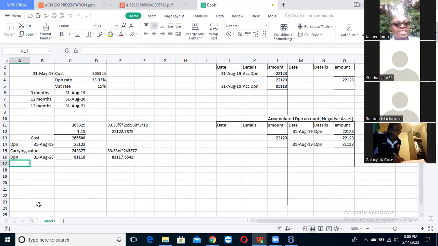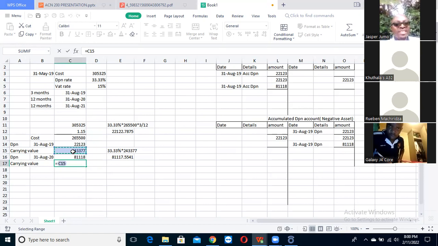So for the following period, our carrying value is going to be the carrying value of the previous period, subtract the depreciation of this year. We find the carrying value of this particular year.